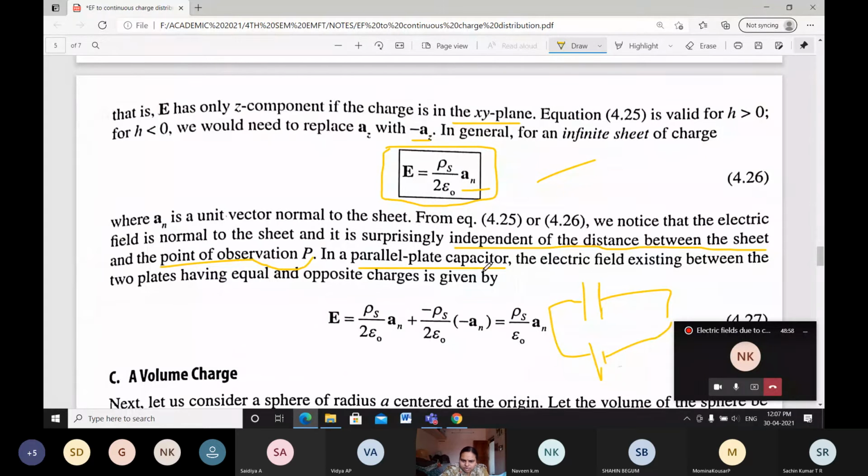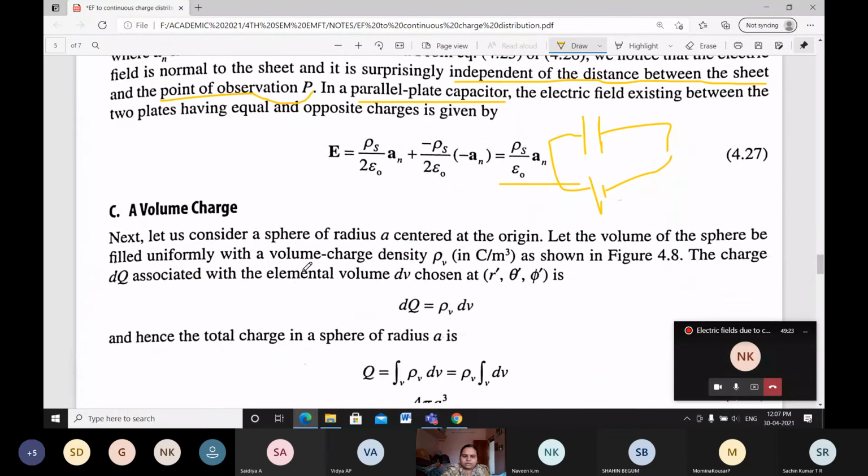The electric field intensity is rho s divided by 2 epsilon naught an, and for the other plate, minus rho s divided by 2 epsilon naught times minus an, or I can write it as rho s divided by epsilon naught into an. This is for our surface charge.